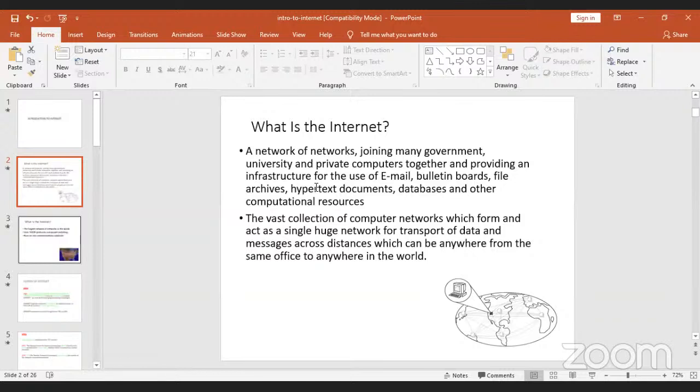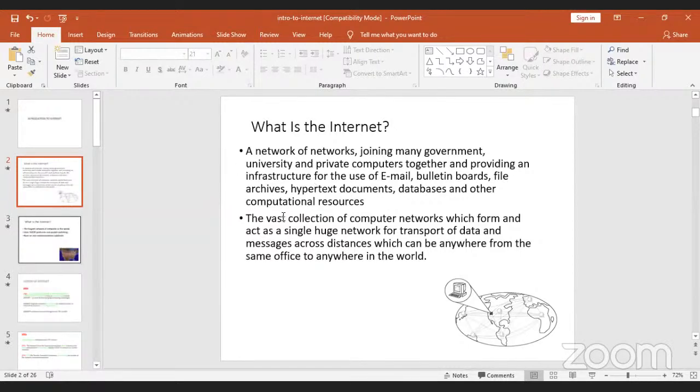Another definition for the Internet is a vast collection of computer networks which form and act as a single huge network. So an internet is a collection of different networks, but you can also call it one huge network, which has networks under it, for transport of data and messages across distances, which can be anywhere from the same office to anywhere in the world.